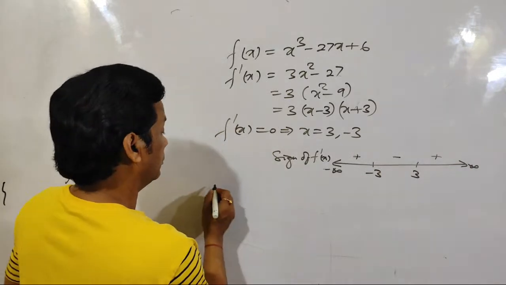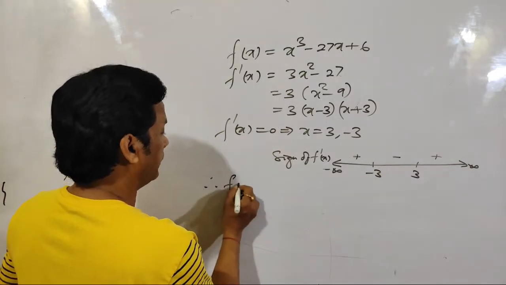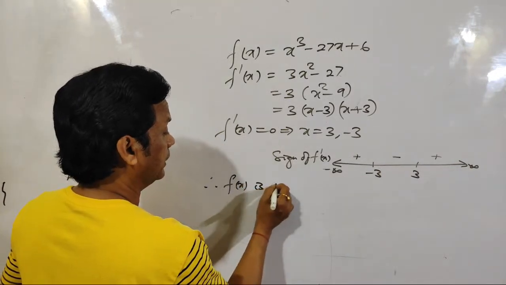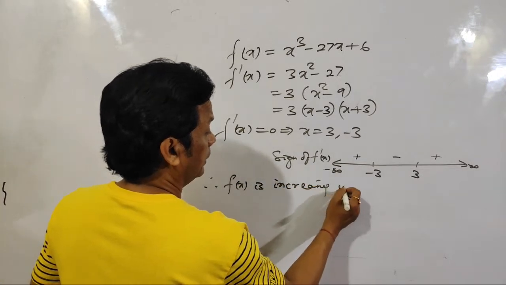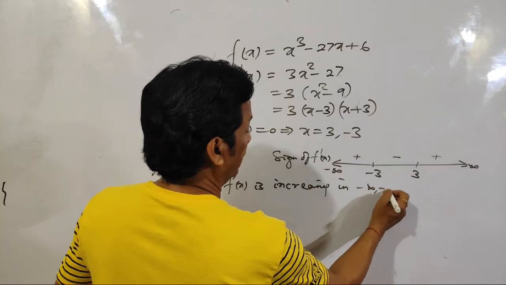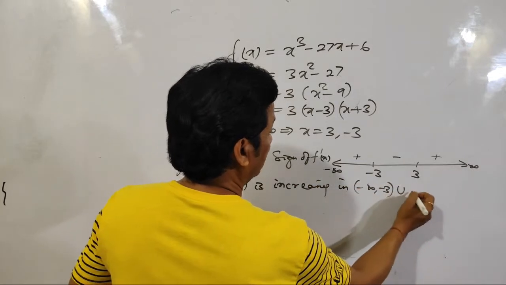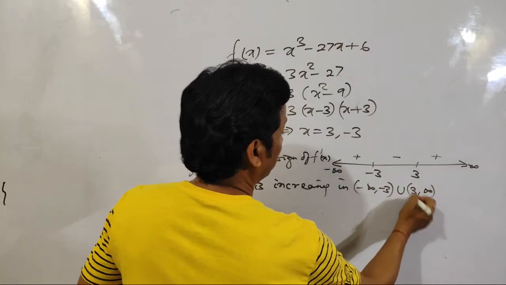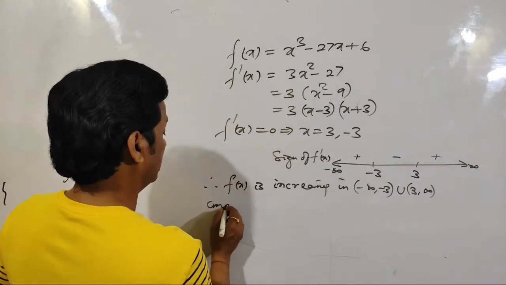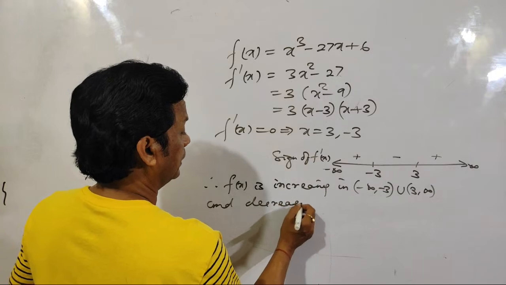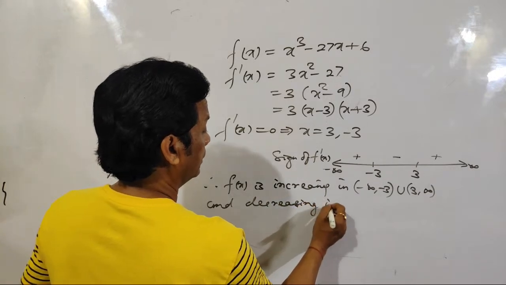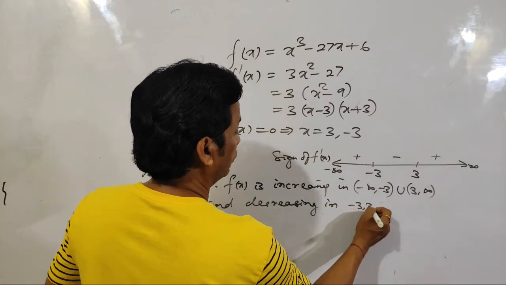Okay, now therefore f of x is increasing in minus infinity to minus 3 union 3 to infinity and decreasing in minus 3, 3 open interval.